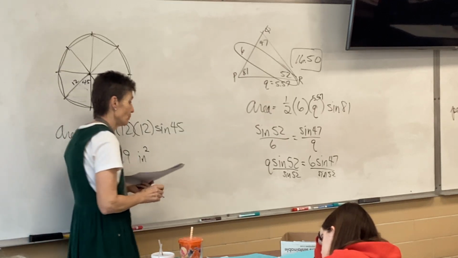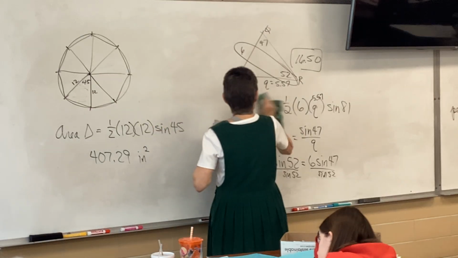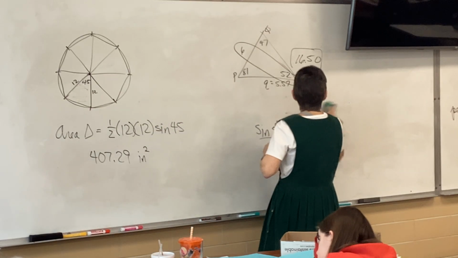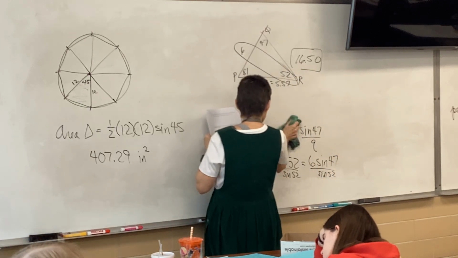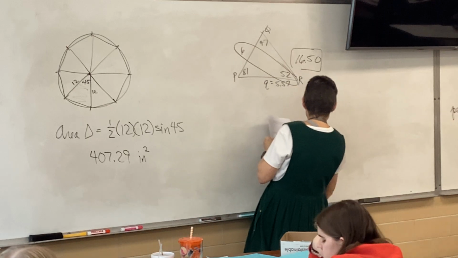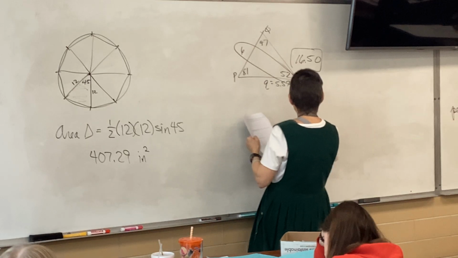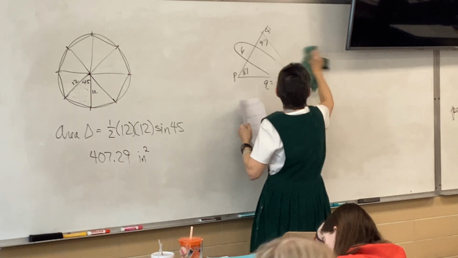All right, number 2. Find the length of the shorter diagonal of a rhombus whose sides measure 16 and whose smaller angle is 34. Okay.